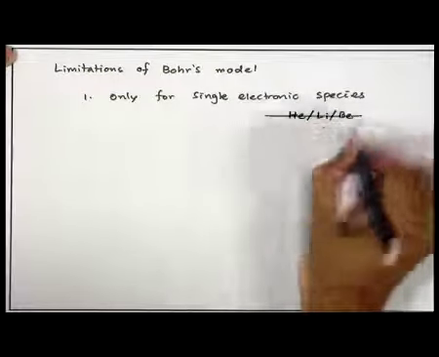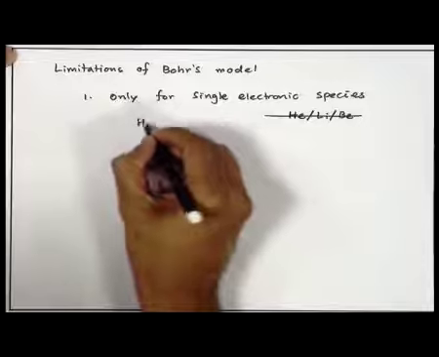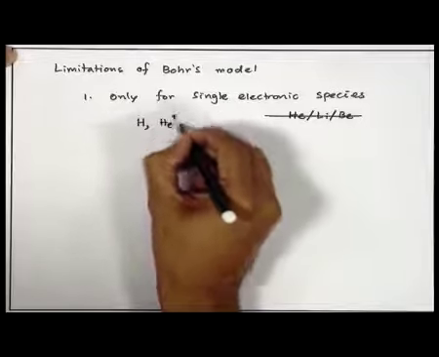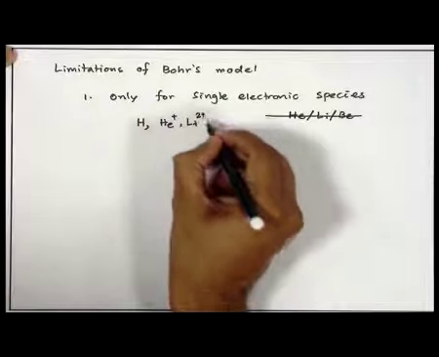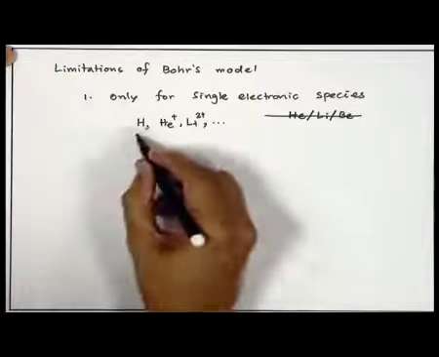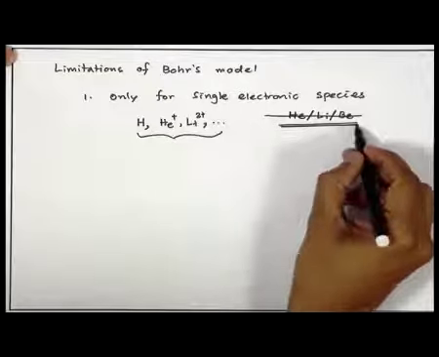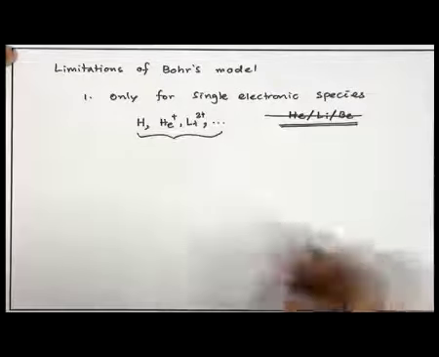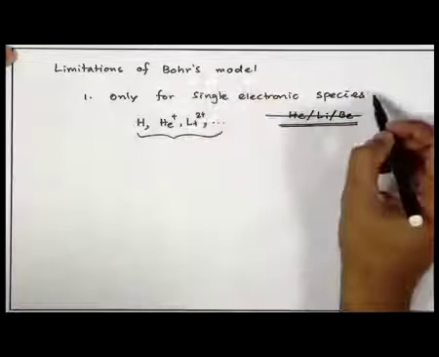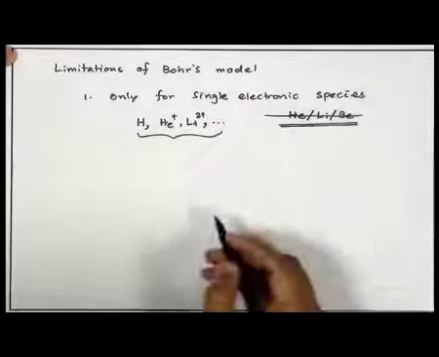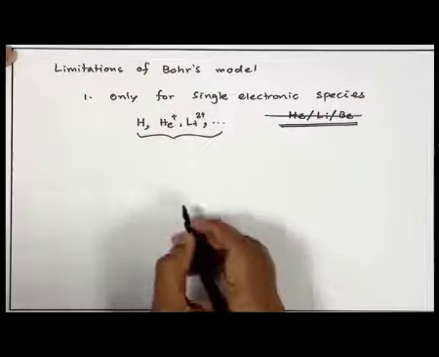This is not possible. You can only do that for hydrogen or helium plus or lithium plus 2 and so on and so forth. But nature is full of elements which are in their neutral state or which have more than one electron. So, Bohr's model could not explain multi-electronic species. That is a major limitation.